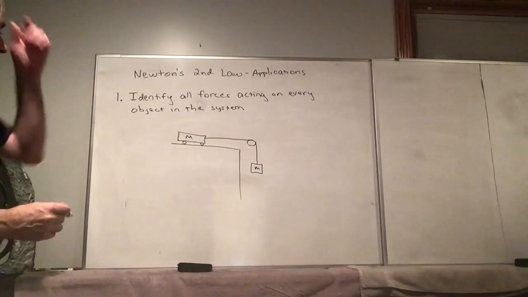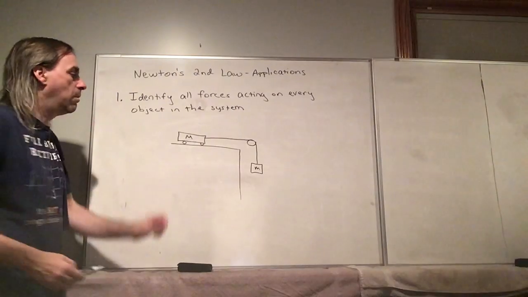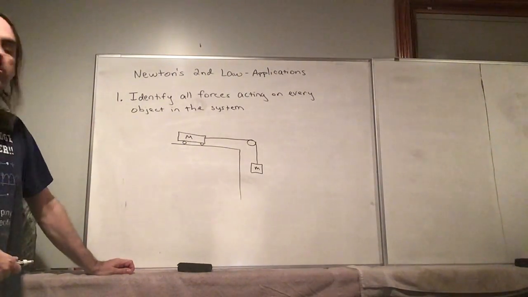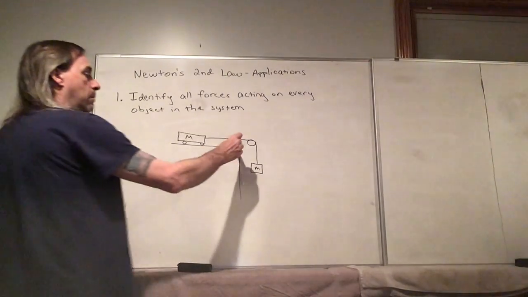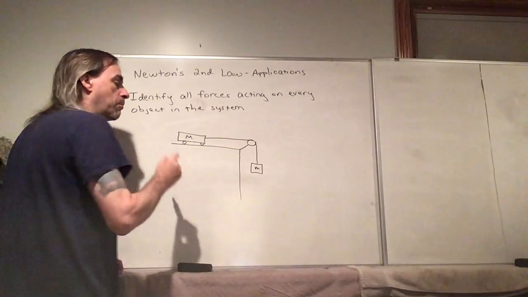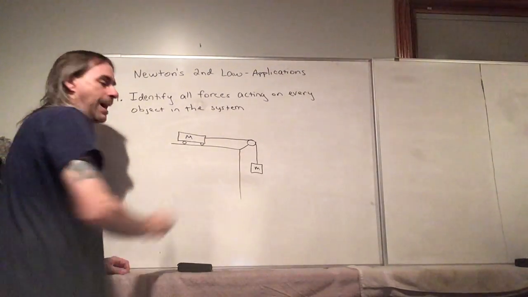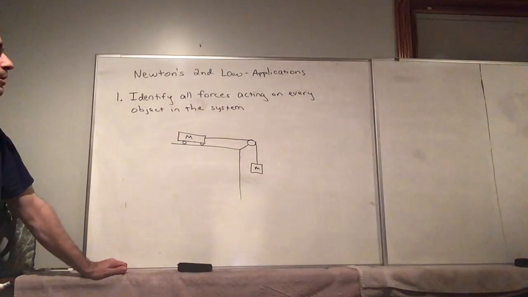You release it, and so there are two objects in our system. So in order to use Newton's second law here, we'd have to identify all the forces acting on each mass in the system.